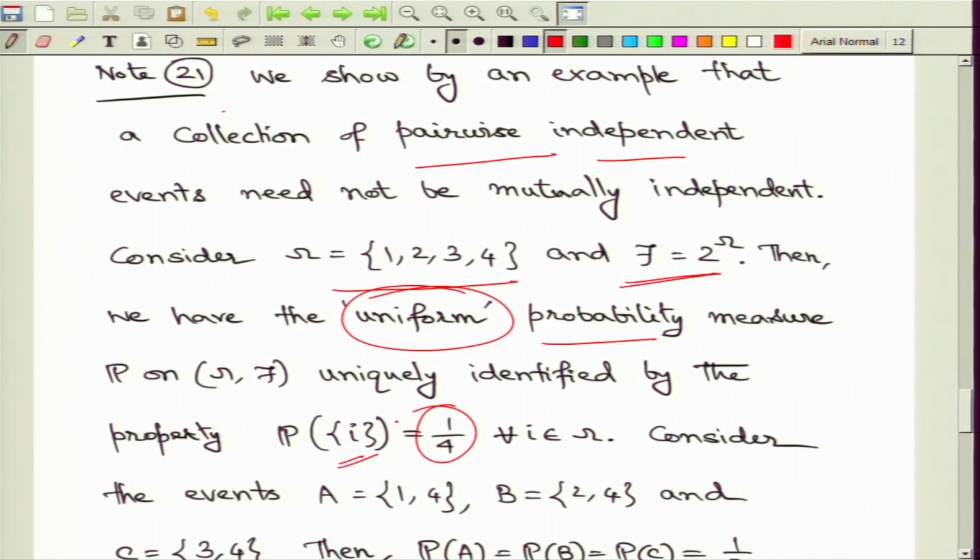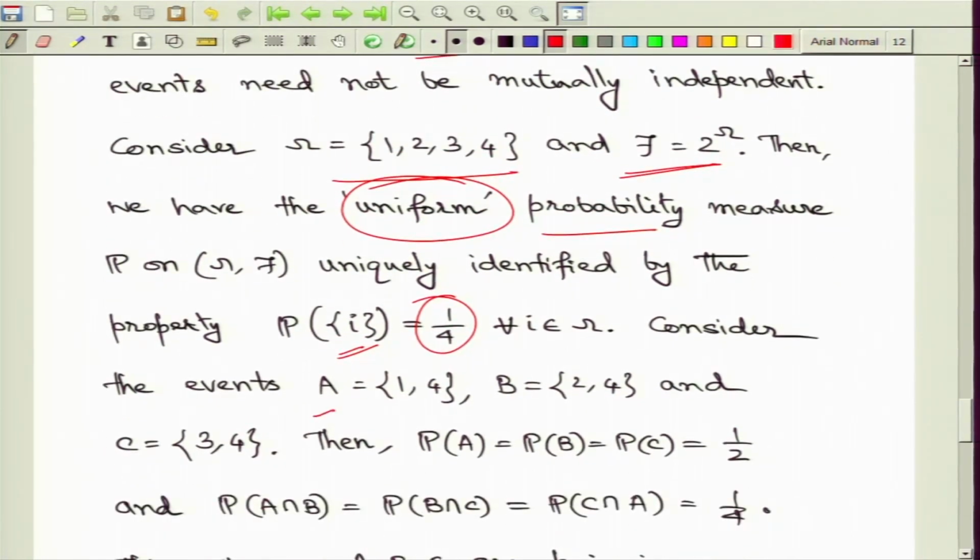Now, here what we consider are these 3 specific events, which we denote by A, B and C. So, A we take {1, 4}, B we take {2, 4} and C we take {3, 4}. Now, since all of these are 2 element sets, probability of A, probability of B and probability of C all turn out to be half.